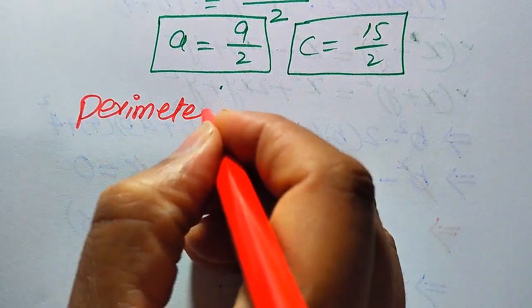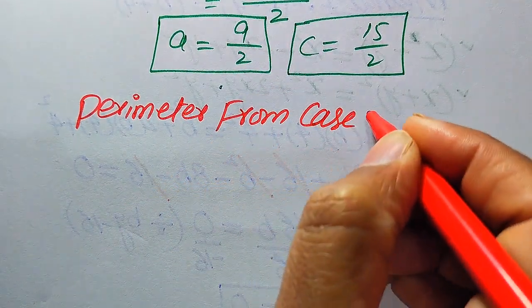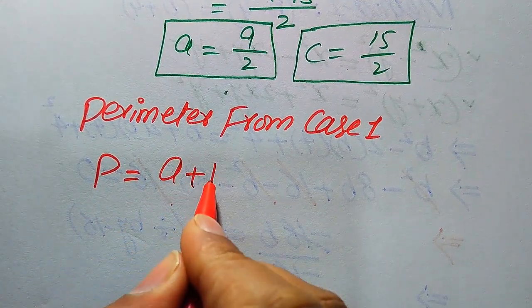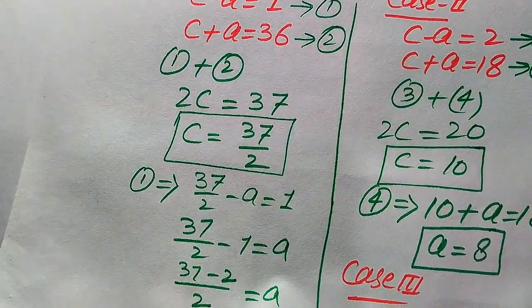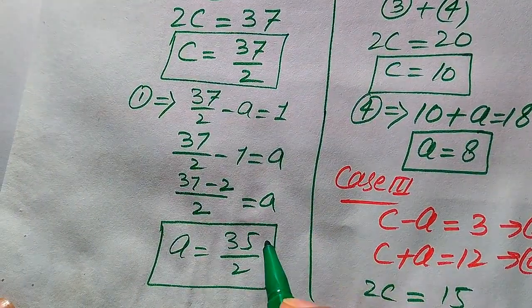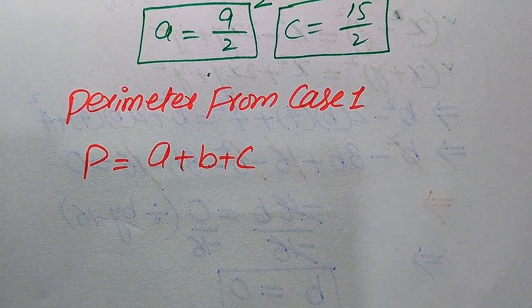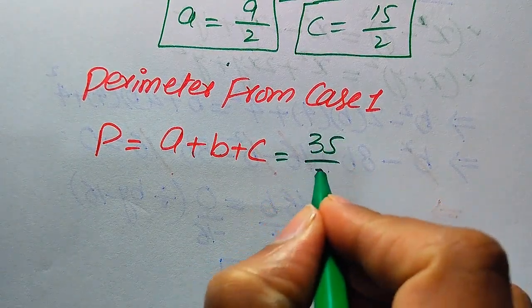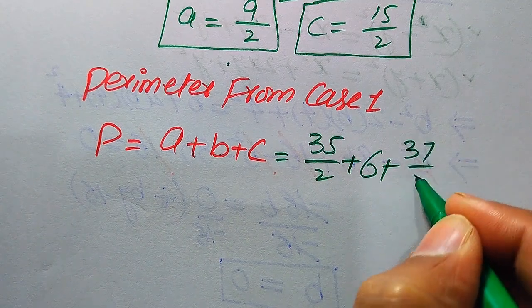The parameter from the first case is written as a plus b plus c. So in case number 1, you see the value of a is 35 over 2, the value of b is 6, and the value of c is 37 over 2.